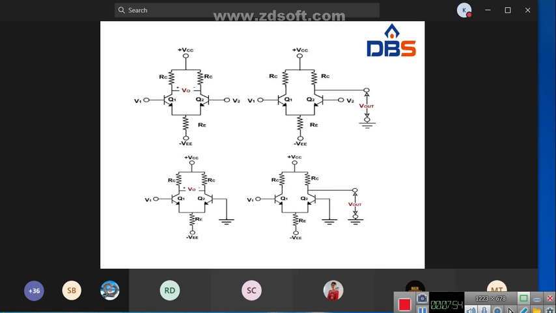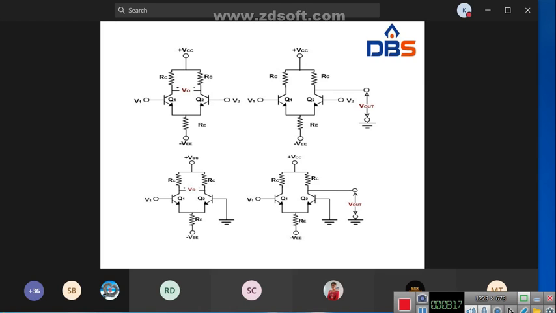If the output is taken between one collector with respect to ground, that is called unbalanced. So this diagram is balanced output. Here this one is unbalanced output. Clear? So these are the four different types of differential amplifier configurations.